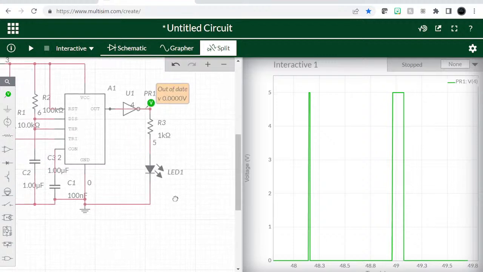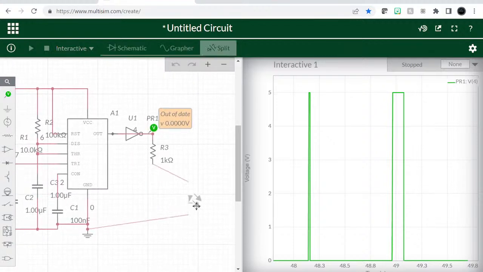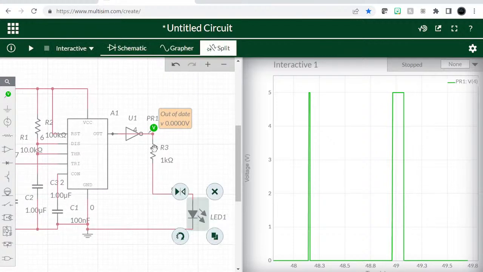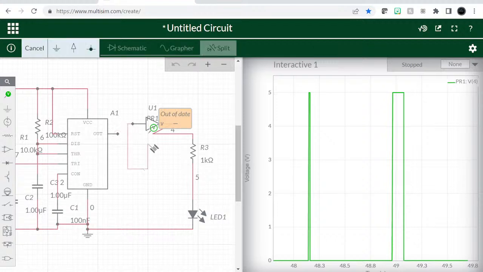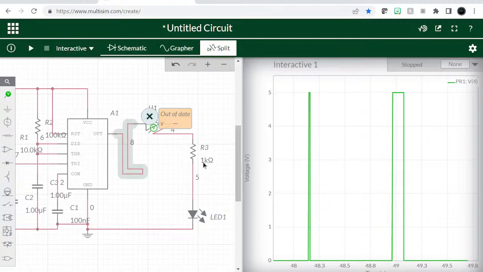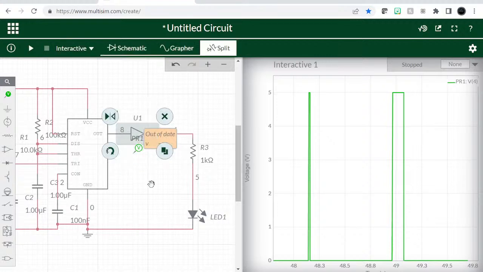We need to move some components. All right.